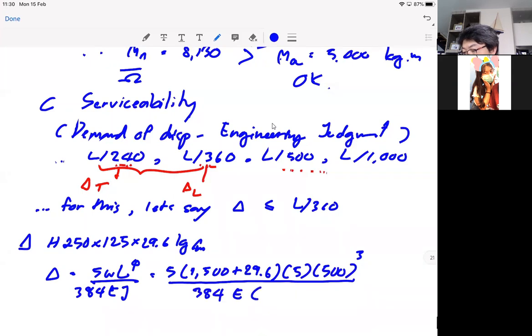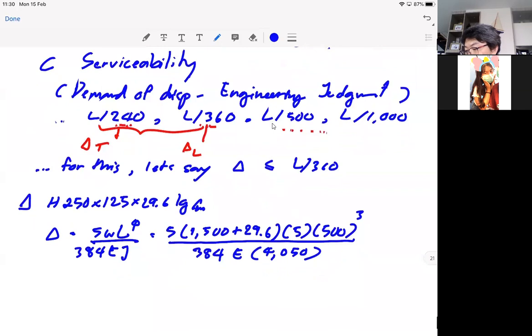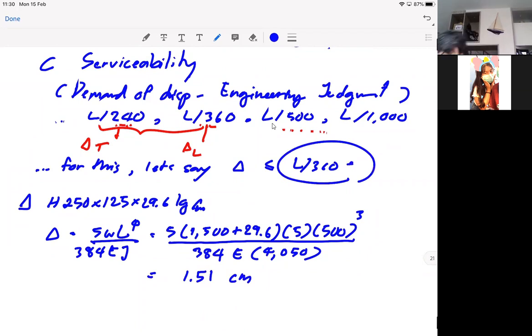And then E and then I of this is 4,550. So this one has the displacement of 1.51 centimeter, and L over 360, that's 5 meters long, that's 1.39. So this one is probably not good.